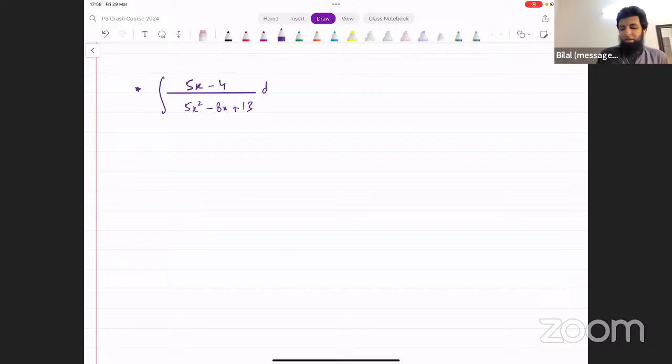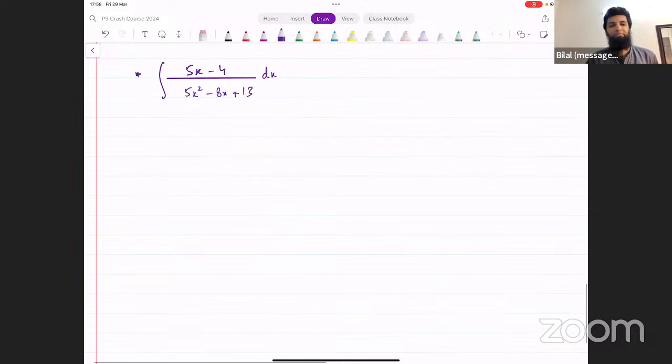And we wanted to integrate this with respect to x. How would you do that? Can that ln rule be used here? Let's think about it. What's the derivative of the denominator? The derivative of the denominator is 10x minus 8. Can we have 10x minus 8 in the numerator somehow? Is that possible?